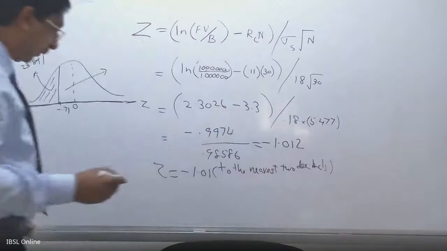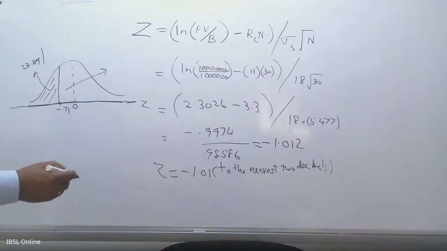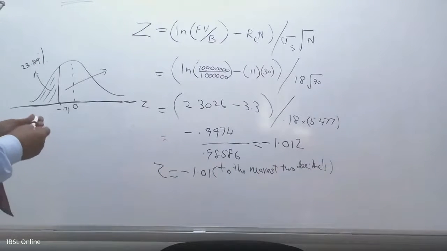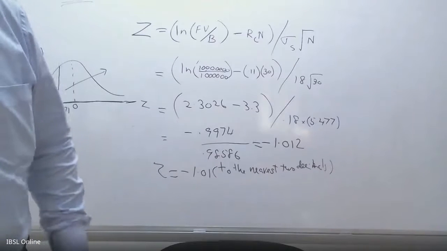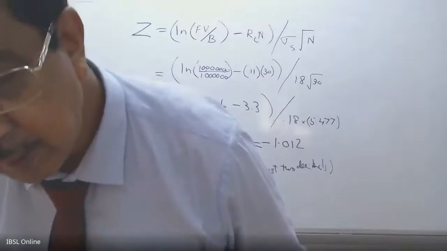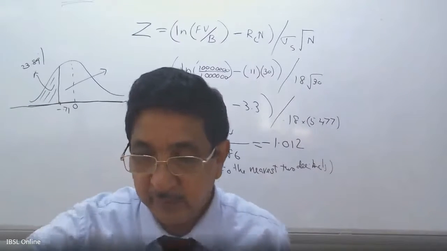Now, since you have the value as Z equal to minus 1.01, you have to go to the normal curve table.